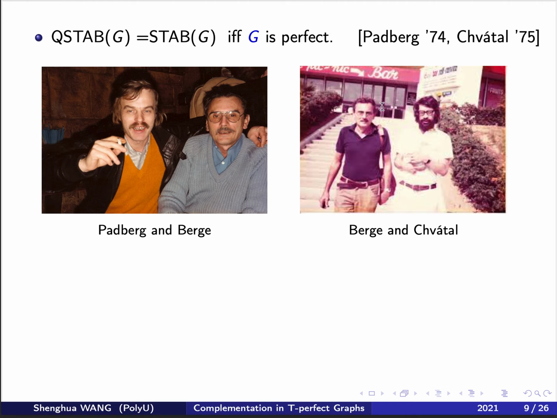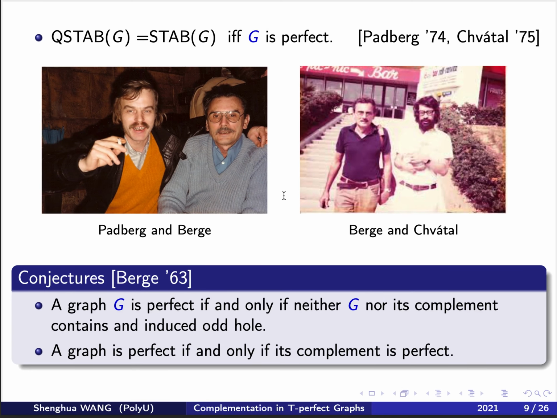Both of these two people proposed two famous conjectures related to perfect graphs, and both of them are theorems now. The first one is the strong perfect graph theorem, which states that a graph G is perfect if and only if neither G nor its complement contains an induced odd hole.